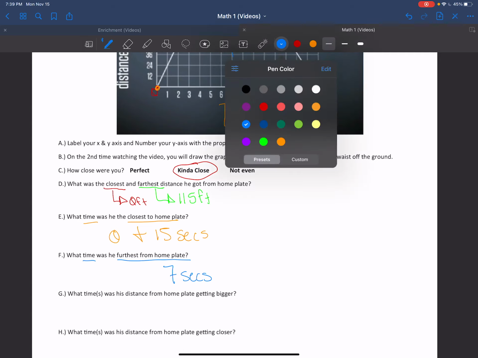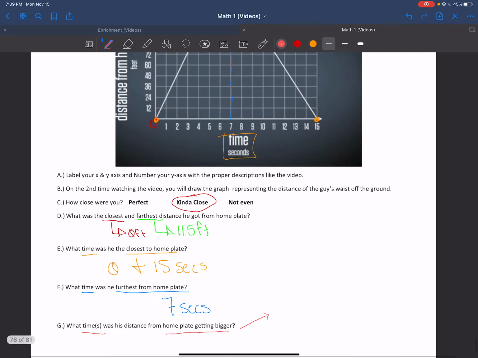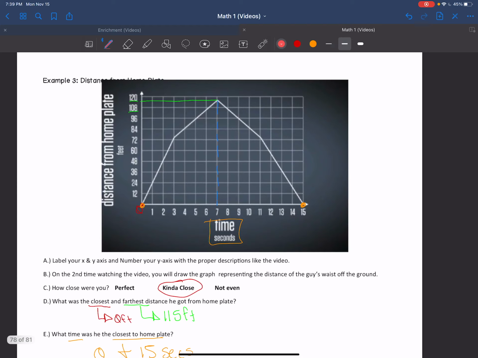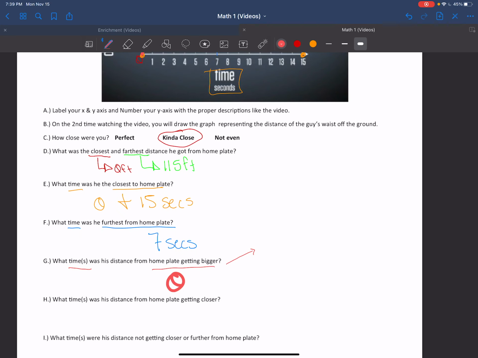What times were his distance from home plate getting bigger? So when was our graph increasing, right? Because the further he got, the larger our graph was going upwards. Well, we see that from 0 seconds, and some people like to stop here, but it's still going up. So it's from 0 to 7 seconds that the distance is increasing.